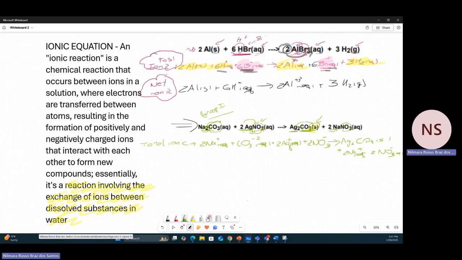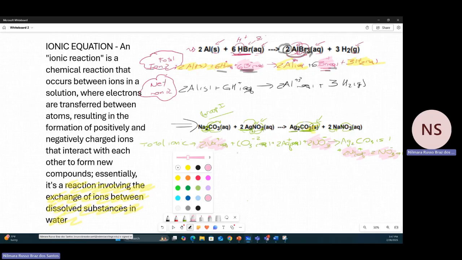So let's look here. Who's repeating on both sides? Who is repeating is sodium. I have 2 sodiums over here and 2 sodiums over here. I have 2 nitrates over here and 2 nitrates over here, so they're not participating in the reaction.